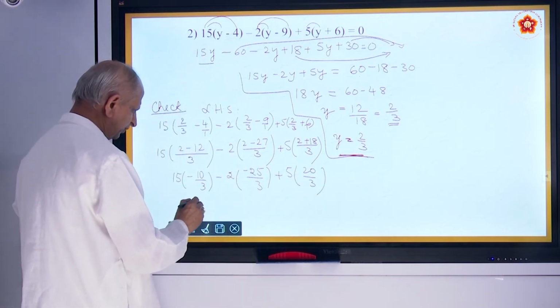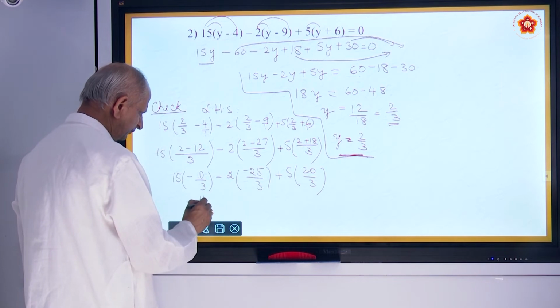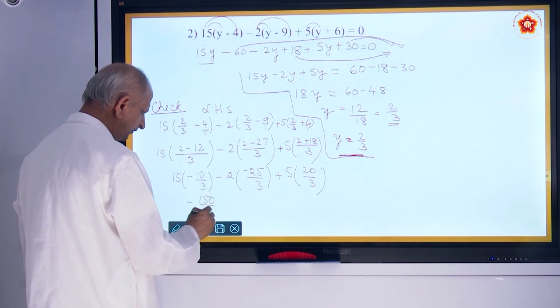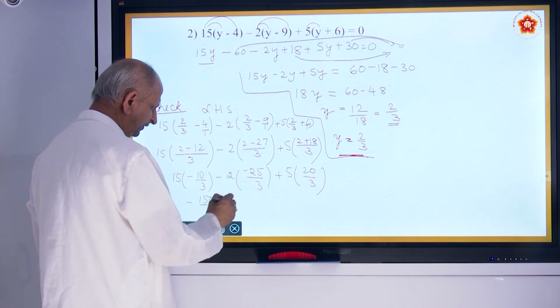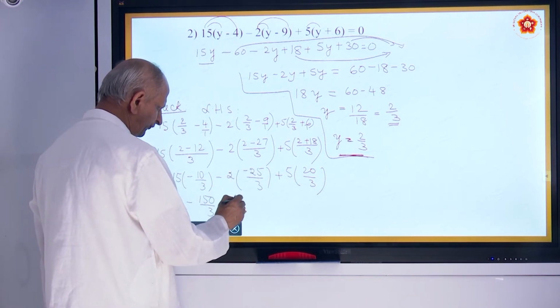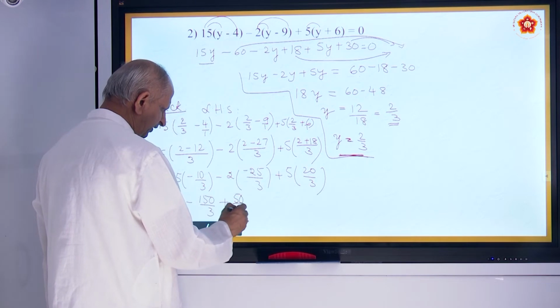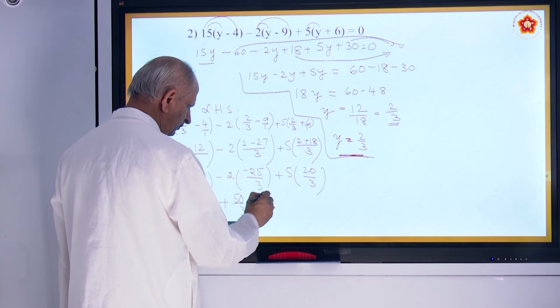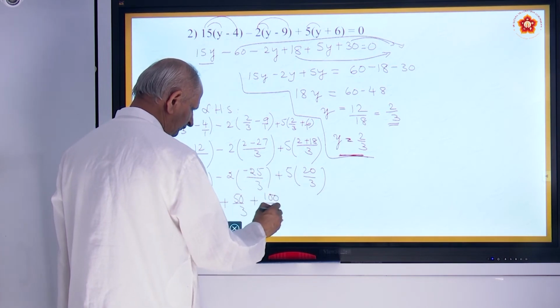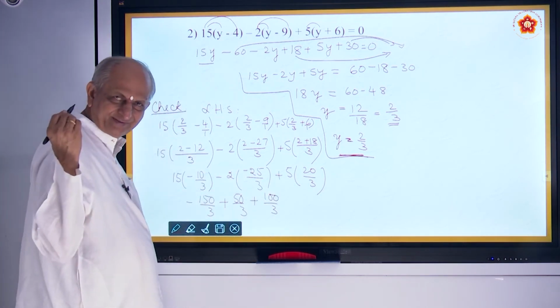And if you multiply, you have minus 150 by 3, 15 tens are 150. This is minus into minus becomes plus, 25 into 2, 50 by 3. This is 100 by 3. So nice.